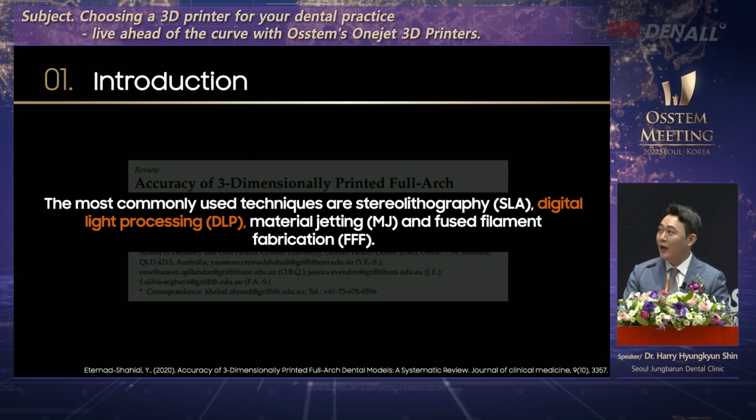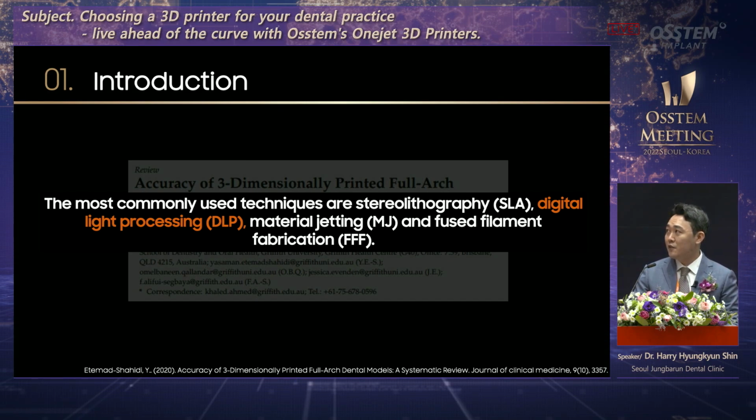Many papers discuss this, and the technologies reported as used in the dental area are SLA, DLP, MJ, and FFF. DLP and SLA use the polymerization method, where curing is done according to the projection light source.